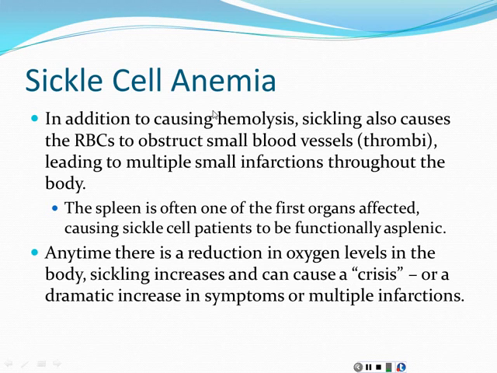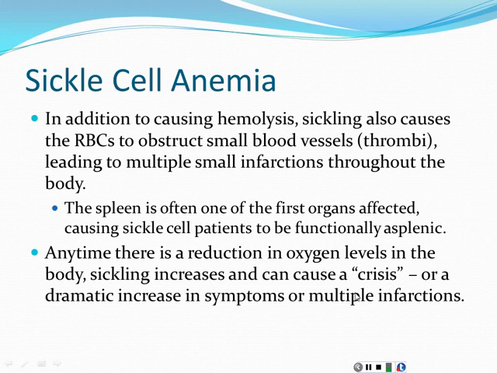So a patient with sickle cell disease who's older than about 10 years of age, we consider them to be asplenic. We consider their spleen is probably destroyed, and we treat them as such. So like we'll give antibiotics with dental work and things like that.